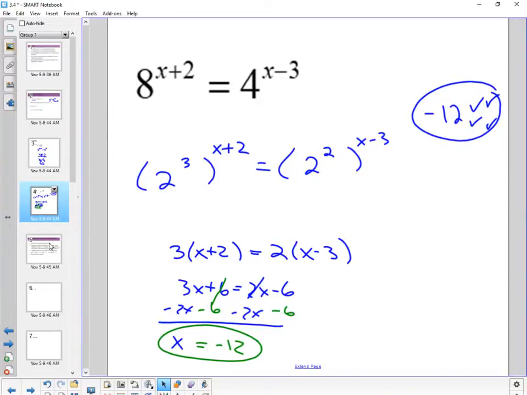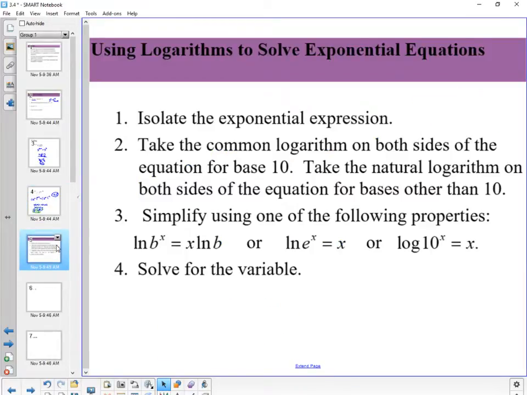All right, I can change the slide. Please put your phone away. Go ahead and take a picture of this, unless you want to write it out now. Remember, these are on my math lab, so if you need to go back, you can. They're giving you pretty much the steps to solve exponential equations.